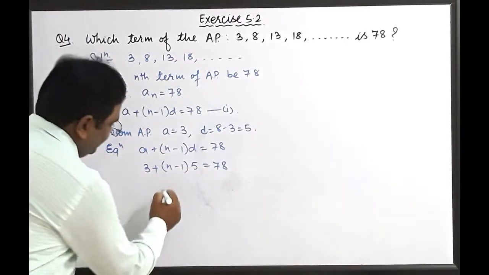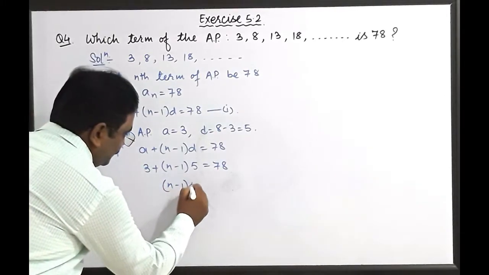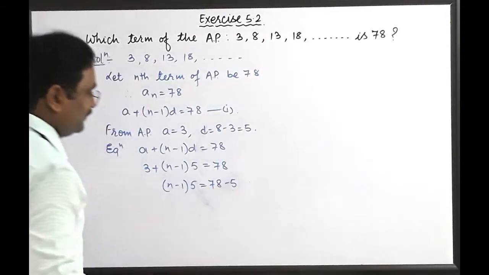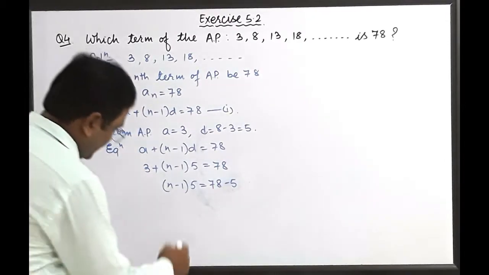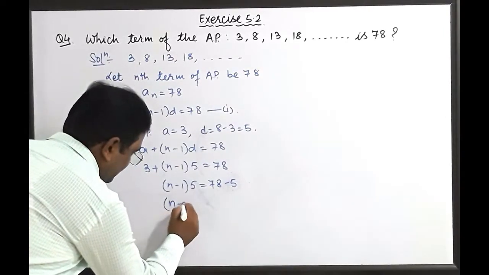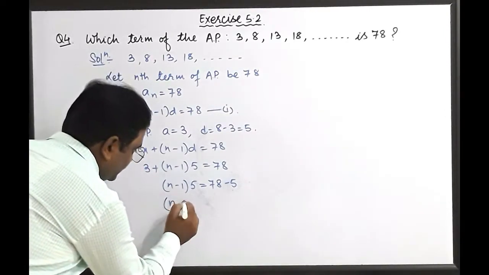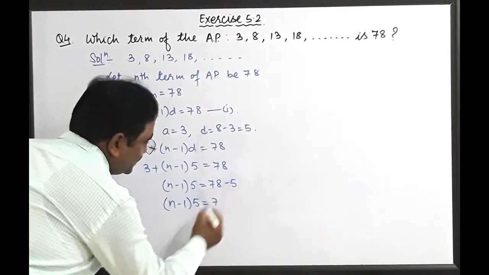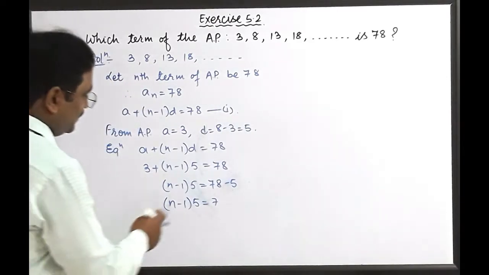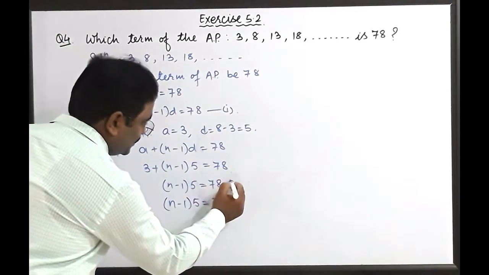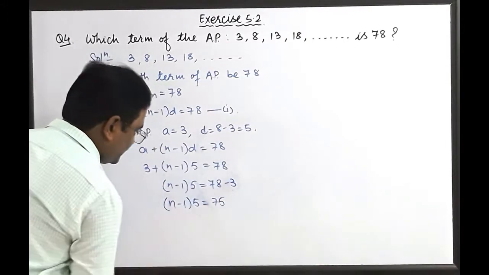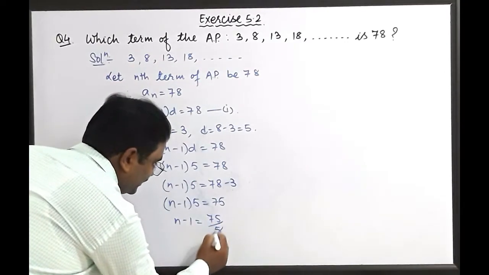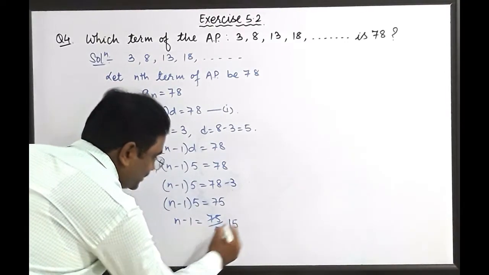Let us simplify. (n minus 1) into 5 equals 78 minus 3, और सॉल्व करते हैं इसको. So (n minus 1) into 5 equals 75, so n minus 1 equals 75 upon 5, that is 15.